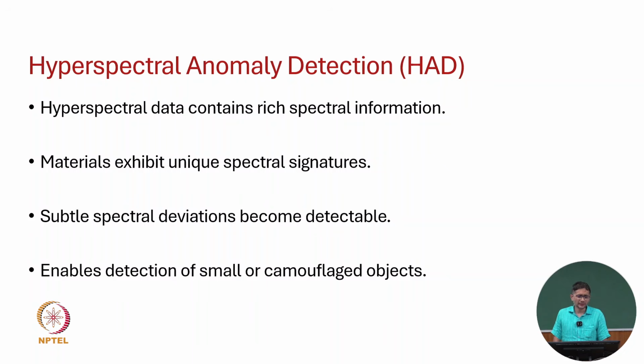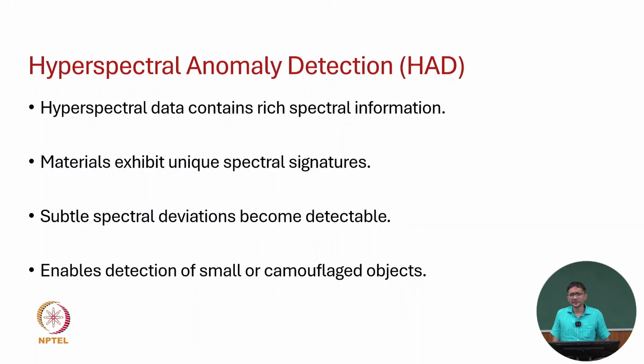Later, when we talk about hyperspectral image analysis in more detail, we will see the hyperspectral anomaly detection data sets. I'm talking about the standard data sets used in academic research. The number of anomalous pixels is very few.